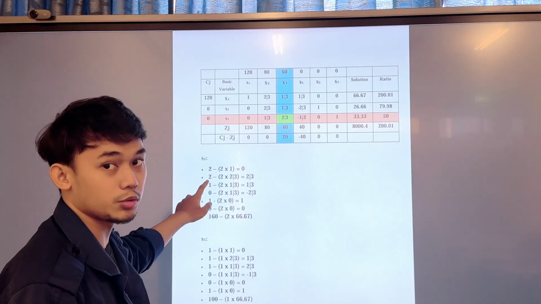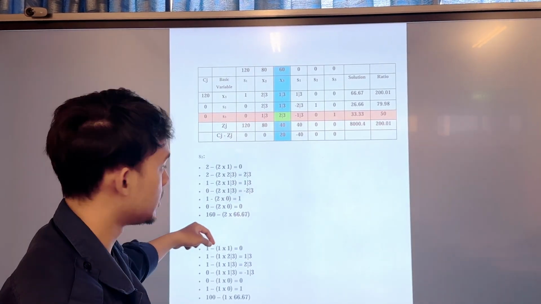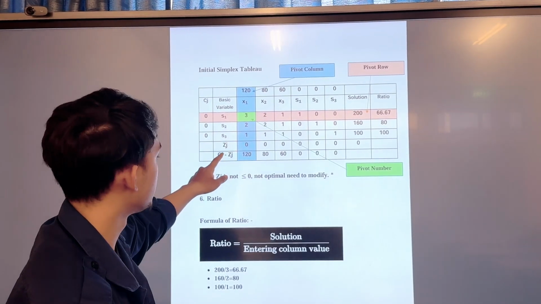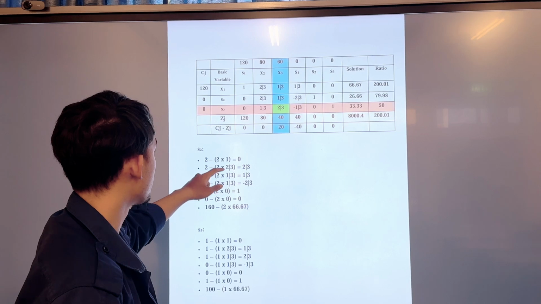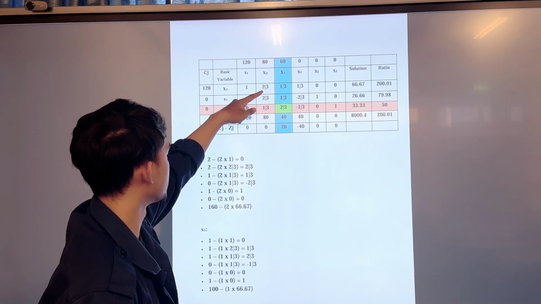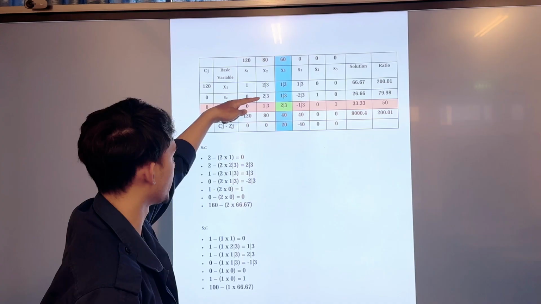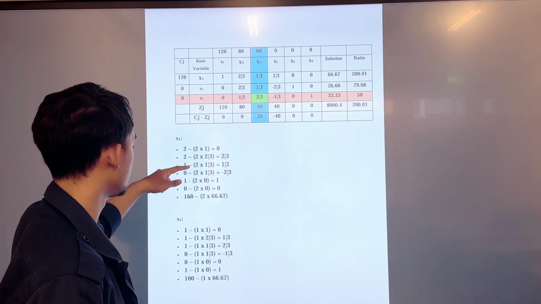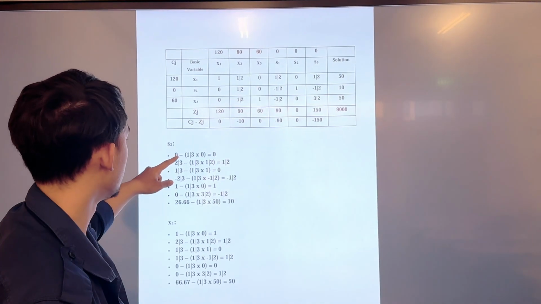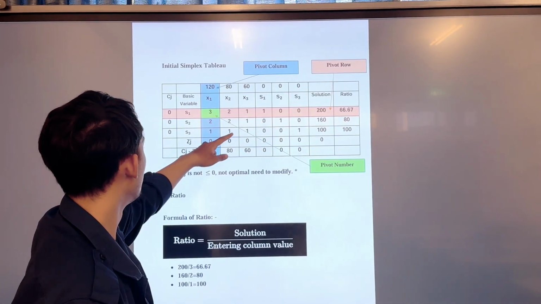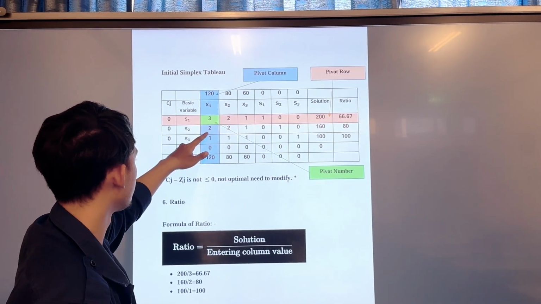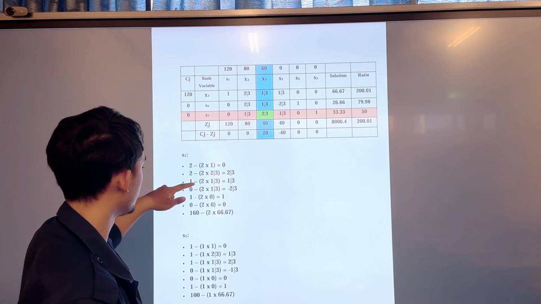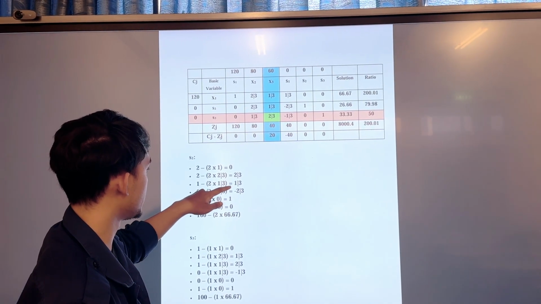For this, 2 minus 2 times 2 per 3, which you can get here. And this 1 minus 2 times 1 per 3 is 1 per 3.